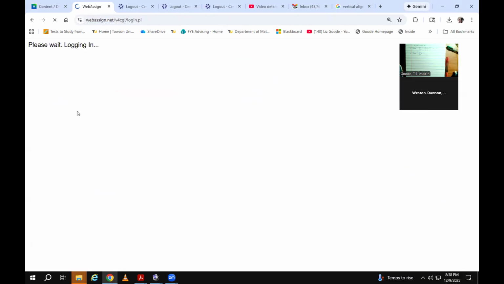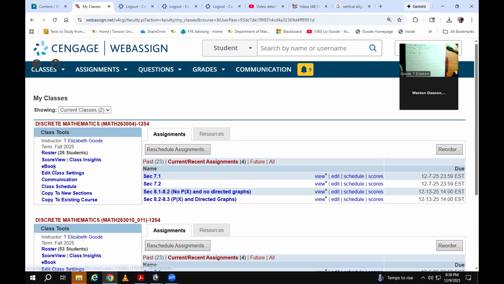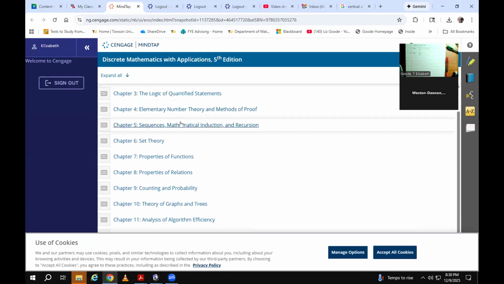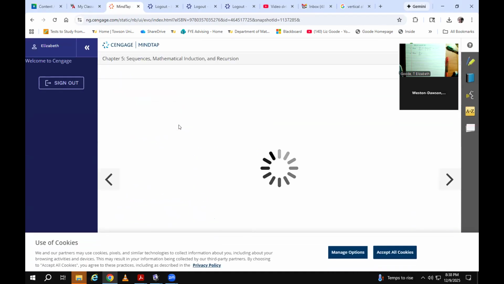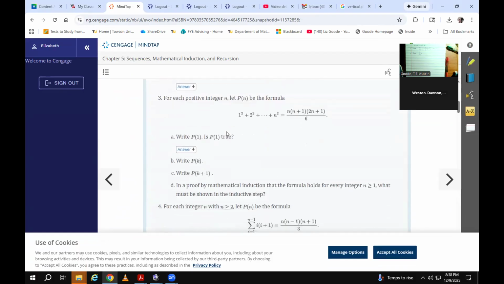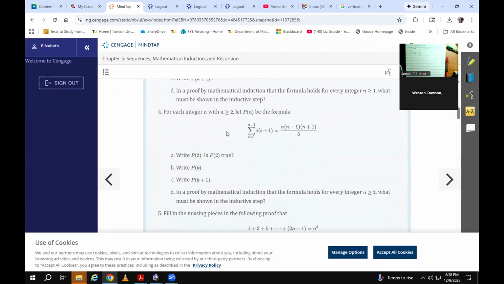And because we had some on divides too. Let's see, ebook, chapter 5, exercise set 5-2. There's a bunch of nice ones here.